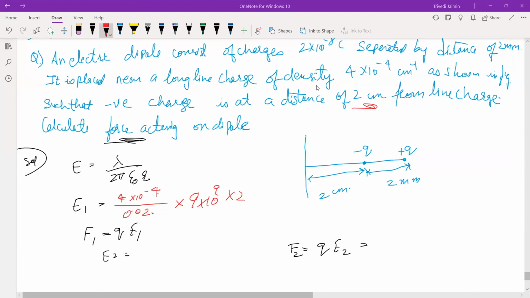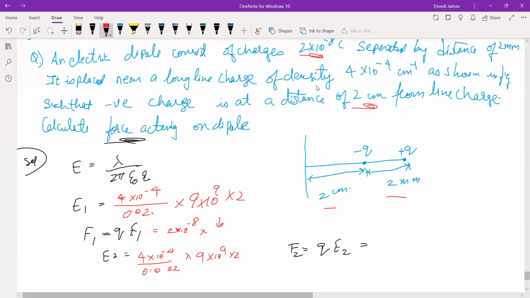So charge 2 into 10 to power minus 8 given, into this value. Same goes for E2: 4 into 10 to power minus 4 divided by 0.022, into 9 into 10 to power 9 into 2.